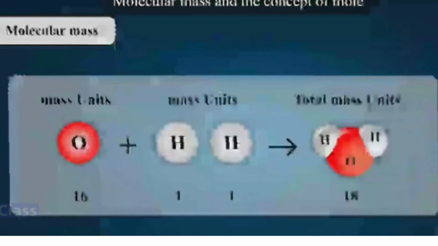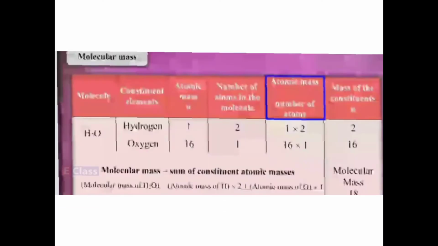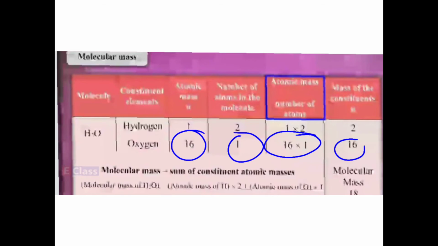The molecular mass is the addition of all these individual masses, which gives 18. For hydrogen the mass is 1, but how many are there? Two. So 1 into 2 gives 2. Oxygen is 16, but how many atoms do we have? Only one atom, so 16 ones are 16. So total 2 plus 16, 18, is the molecular mass of water.